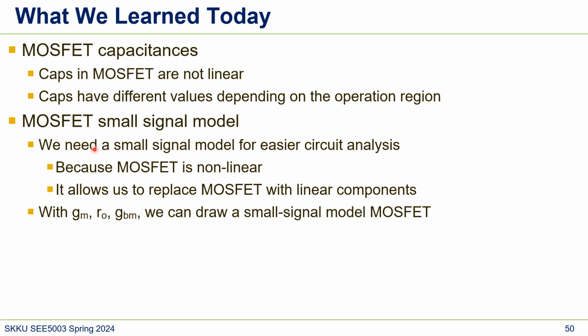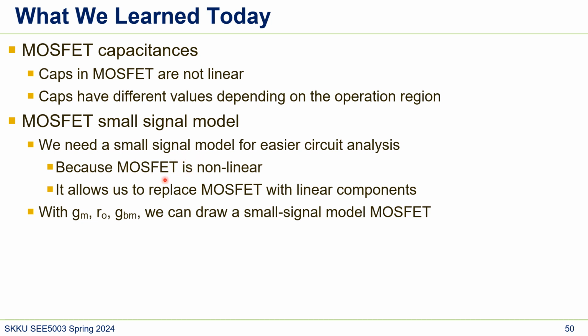The key point here is why do we need a small signal model? We need a small signal model for easier circuit analysis. That's our ultimate goal, because our MOSFET is not linear, not like a resistor, a capacitor, or an inductor. The MOSFET operation depends on its operating point: linear region, saturation region. Even in saturation region, its operation is different.